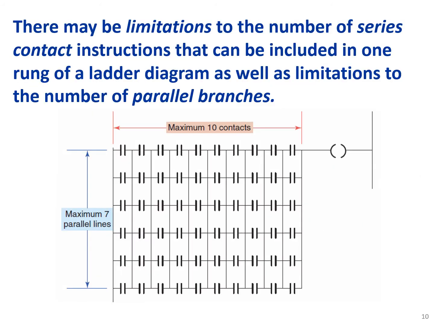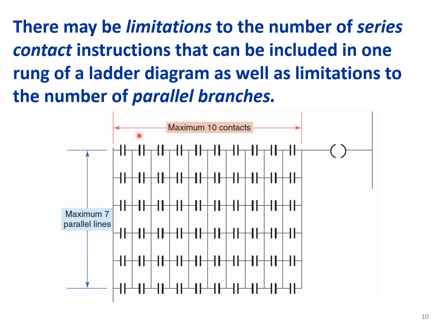There may be limitations to the number of series contact instructions that can be included in one rung of a ladder diagram, as well as limitations to the number of parallel branches. Again, it goes back to the PLC specifications, and some PLCs have limitations in the number of contacts in series and branches in parallel.